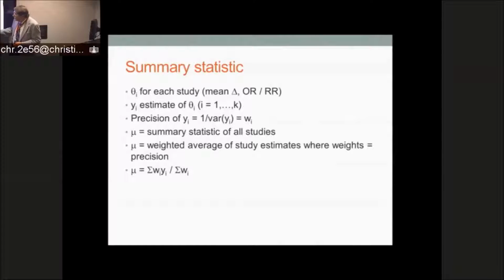So this is the computation for the overall effect, whether it's an odds ratio or difference or whatever it is: the sum of the weights times the odds ratio, divided by the sum of the weights. You don't have to really remember all this, except that when I get to the end and talk about how you interpret the results, that's what the summary statistic is based on.